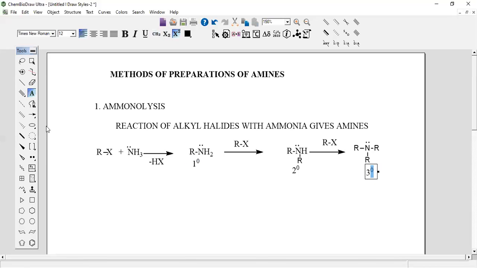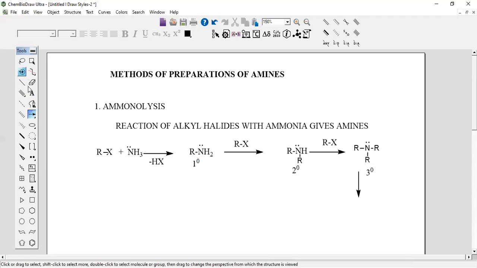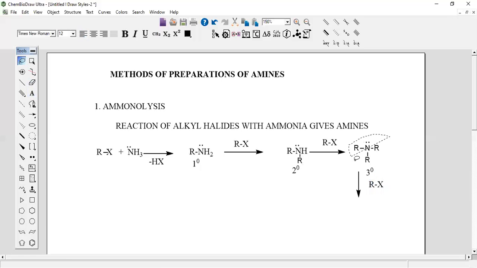But this reaction also does not stop at this junction. It will react with another alkyl halide, because the reaction is carried out with so many molecules; it is not possible to perform a reaction with a single molecule. That's why finally you will get what is called a quaternary ammonium salt.